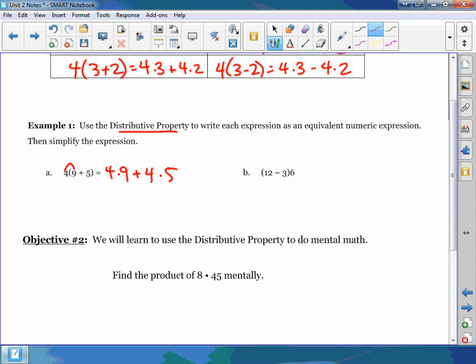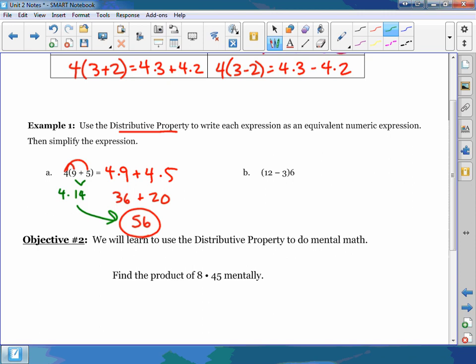So ultimately, you're left with 36 plus 20, which would have a sum of 56. Okay, which goes back, if I did it with the order of operations, hold on, let me show you the arc there. The order of operations means that I would do 9 plus 5, which is 14, and then you do 4 times 14, which would also be 56.